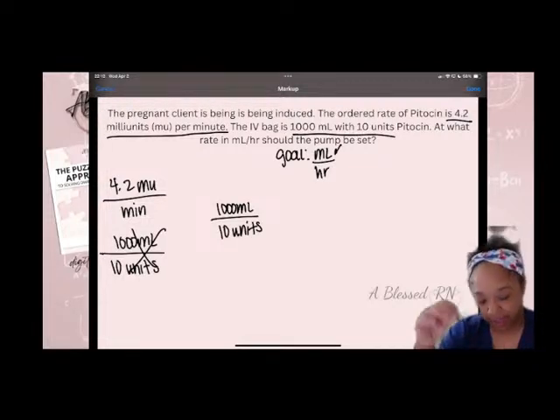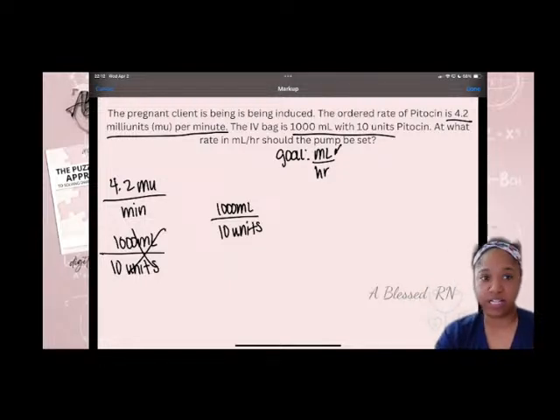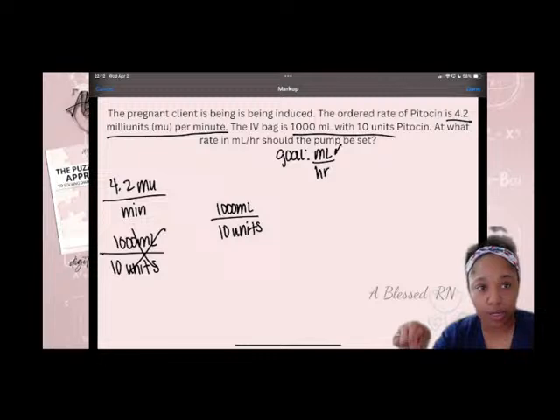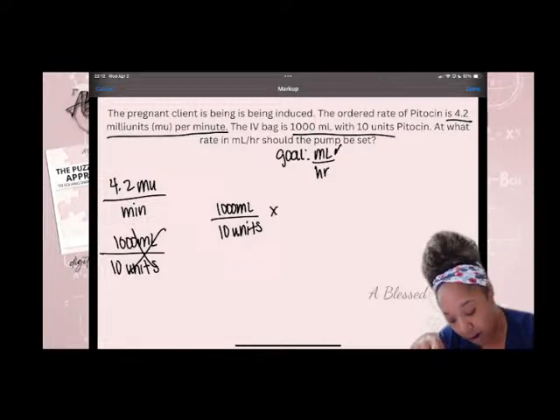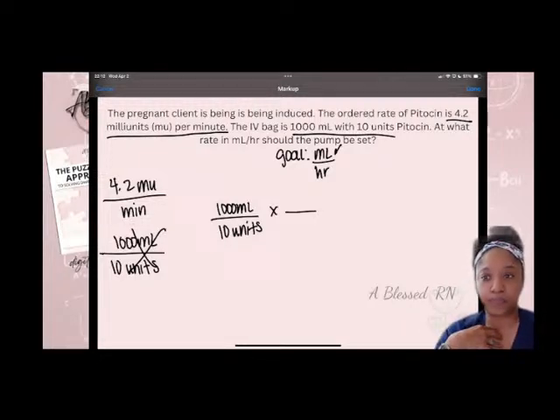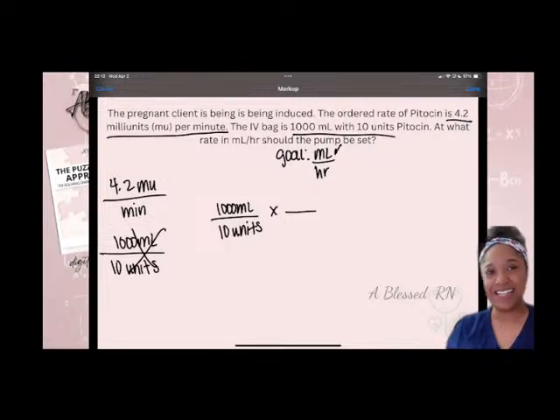Okay, so we've got units at the bottom. Do we have a puzzle piece with units, like not milliunits, but units at the top? We don't, right? So, therefore, guess what we'll need? It's another C word. It's a conversion, right? So if you don't have a puzzle piece, you're not cooked.